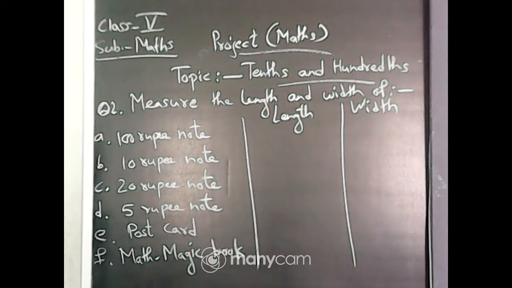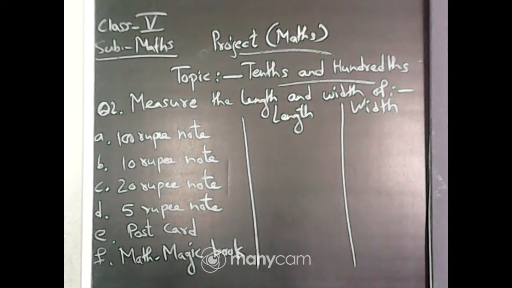This question is already given in the Math Magic book, page number 138. You will note down the columns and measure it. You will write 100 rupee note, then the measurement of the length, and in the next column the measurement of the width.